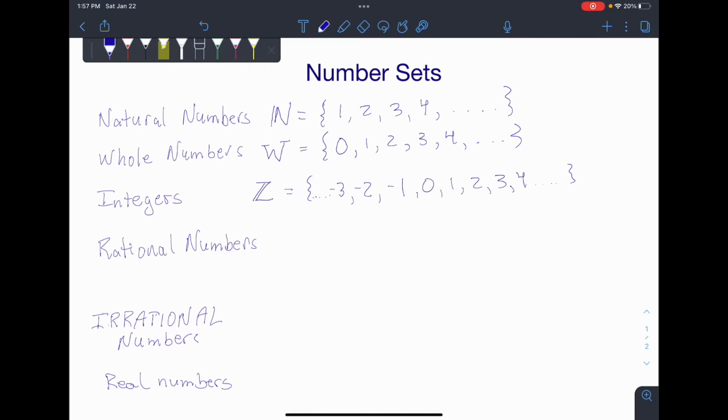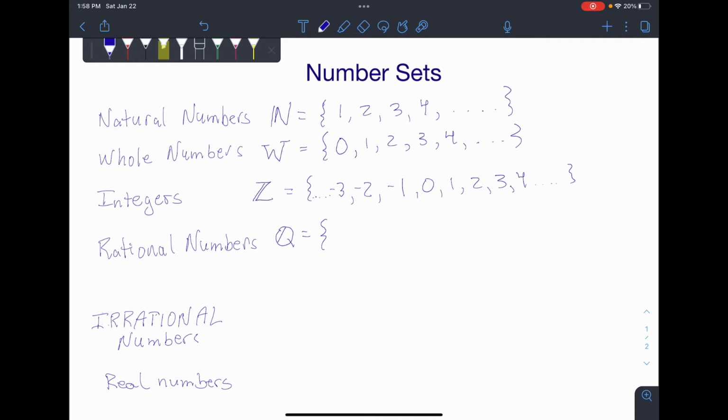Okay, now let's talk about the rational numbers. The rational numbers are denoted by this funny looking Q. And this one's a little different. It's the set of all numbers that can be written as a fraction.